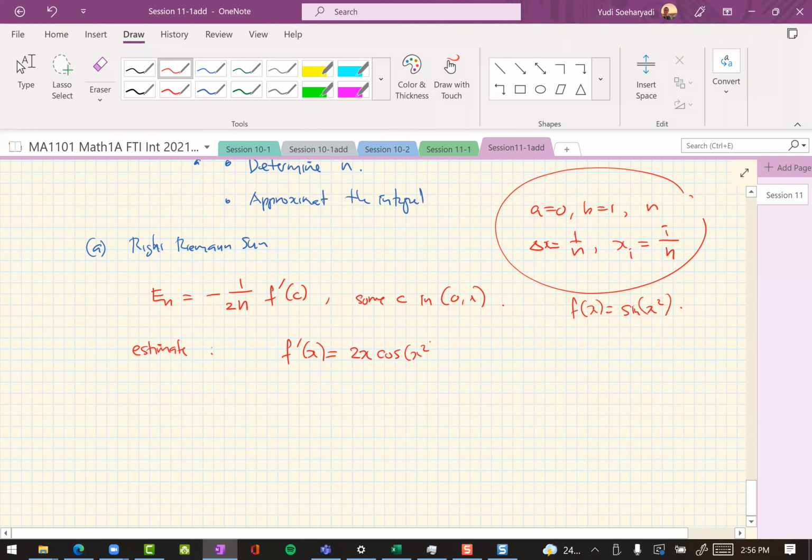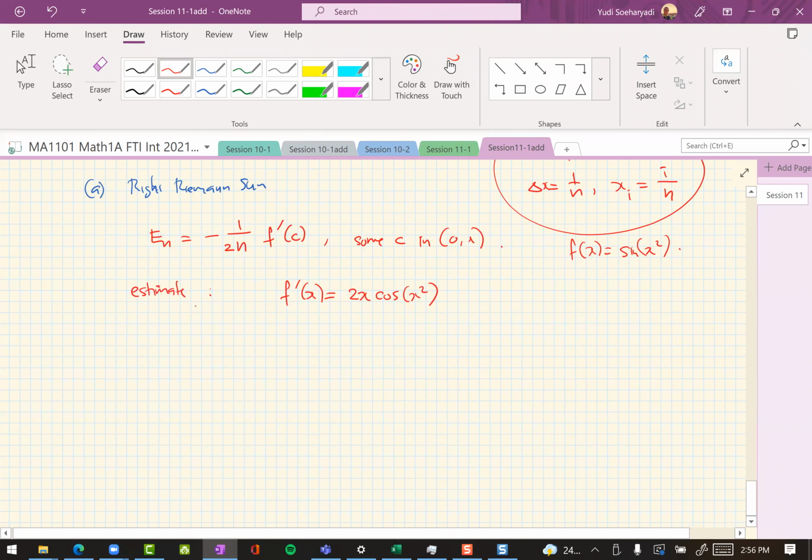So it's 2x cosine x squared. What we need here is the absolute value; we don't need the sign, so just disregard the sign.